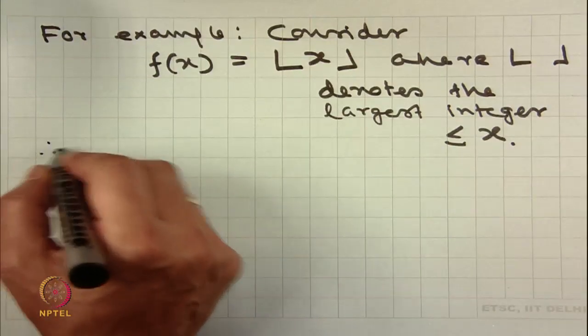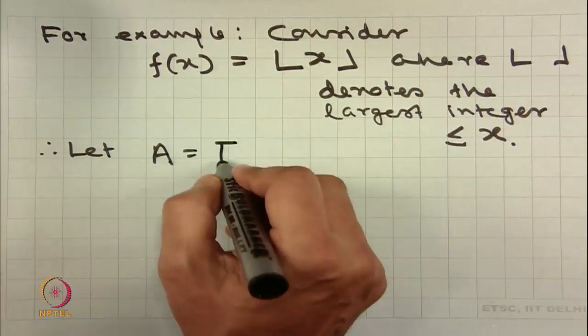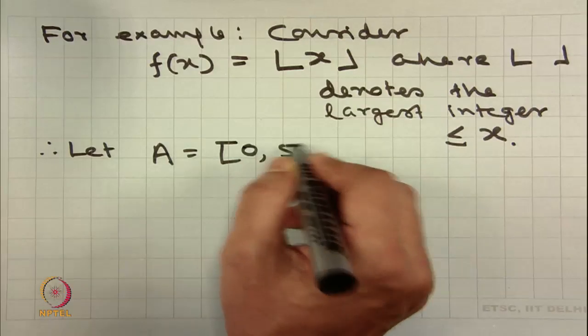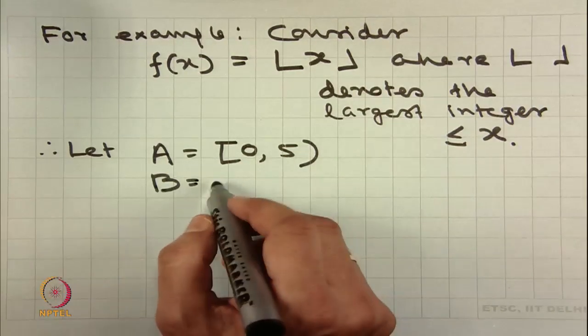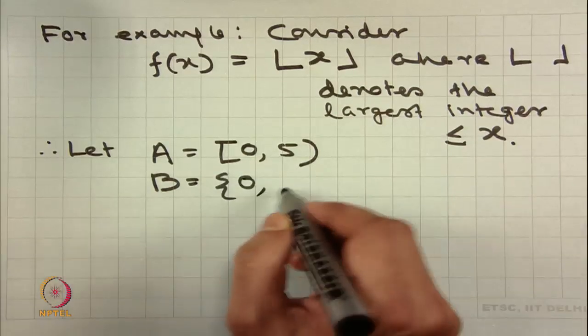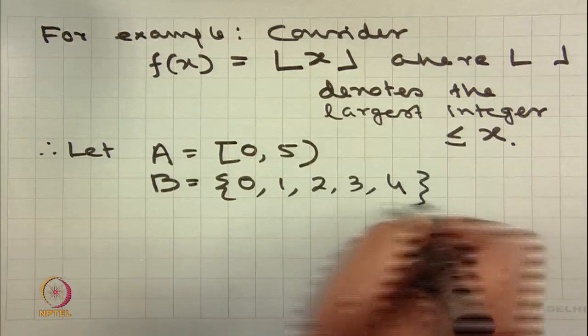Therefore, let A be the interval [0, 5], and B is equal to the discrete set {0, 1, 2, 3, 4}.